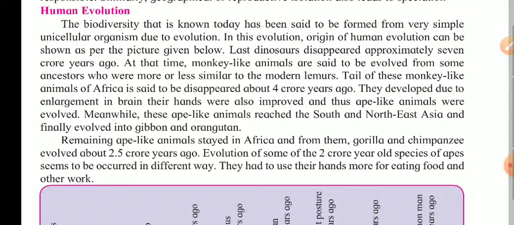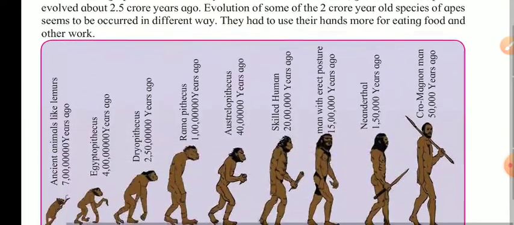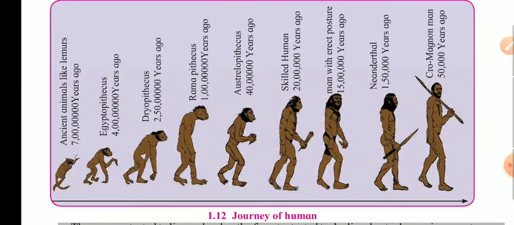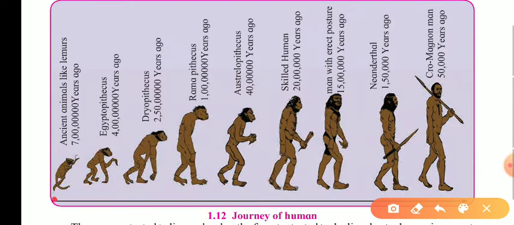In this process, they have mentioned this chart. In this, you can observe that ancient animals like lemurs were present in Africa almost 7 crore years ago.